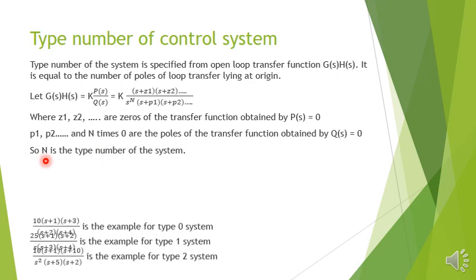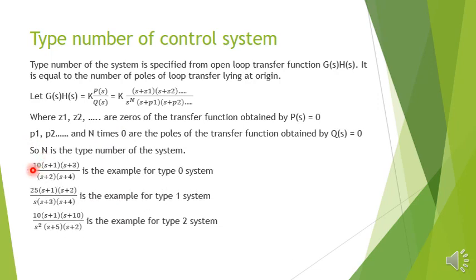For example, in 10 into (s plus 1) into (s plus 3) divided by (s plus 2) into (s plus 4), no poles are at the origin, so it is an example of a type 0 system. S is not present.